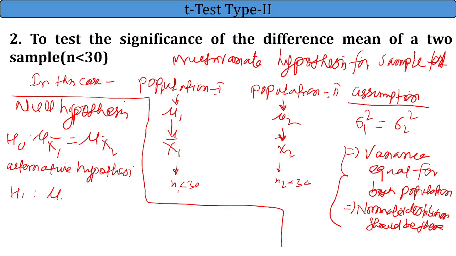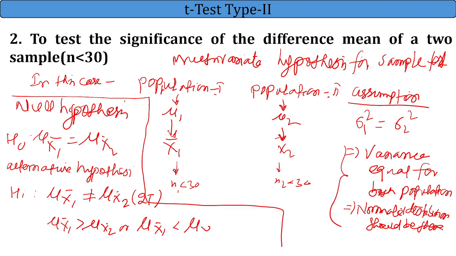H1 will again have two cases. We'll say there is any difference between the two, or either mu x1 greater than mu x2, or mu x1 less than mu x2. So this will become a one tail test.